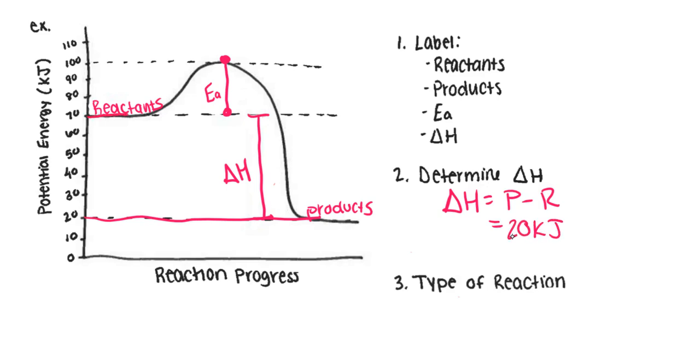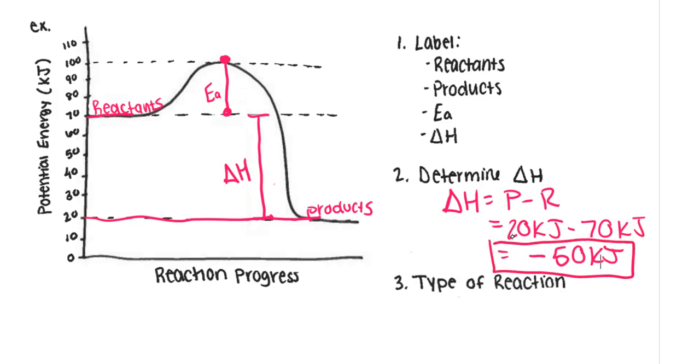The reactants are at 70 kilojoules. So delta H would be negative 50. Since delta H is negative, this reaction would be exothermic.